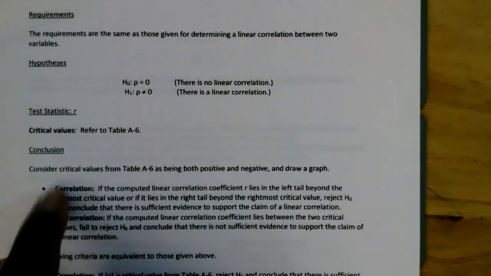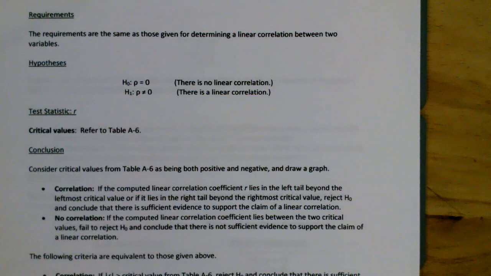All right, your conclusions are: if the computed linear correlation coefficient lies in the left tail beyond the leftmost critical value, or if it lies in the right tail beyond the rightmost critical value, you reject the null. Or if the absolute value of your linear correlation coefficient is greater than the critical value, you reject the null hypothesis.